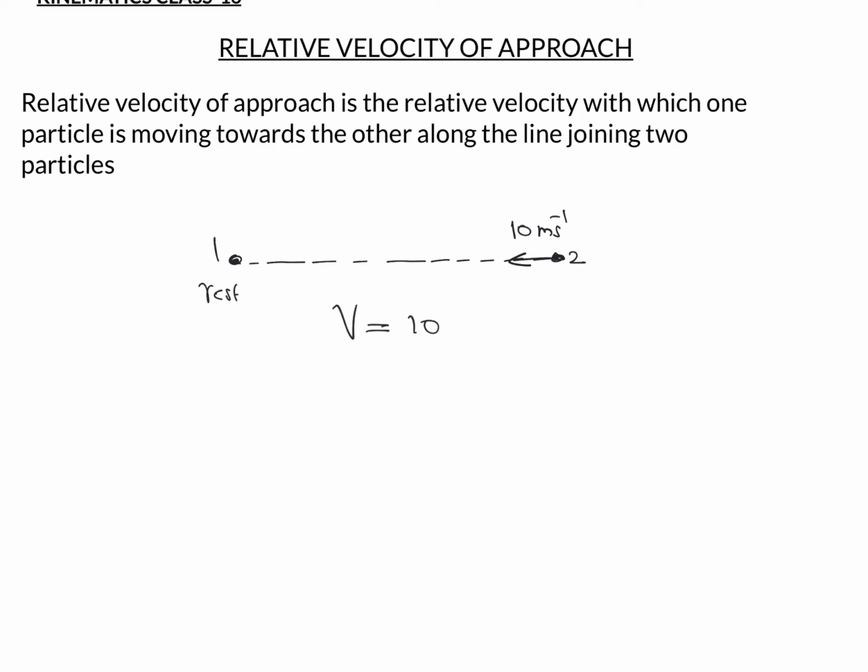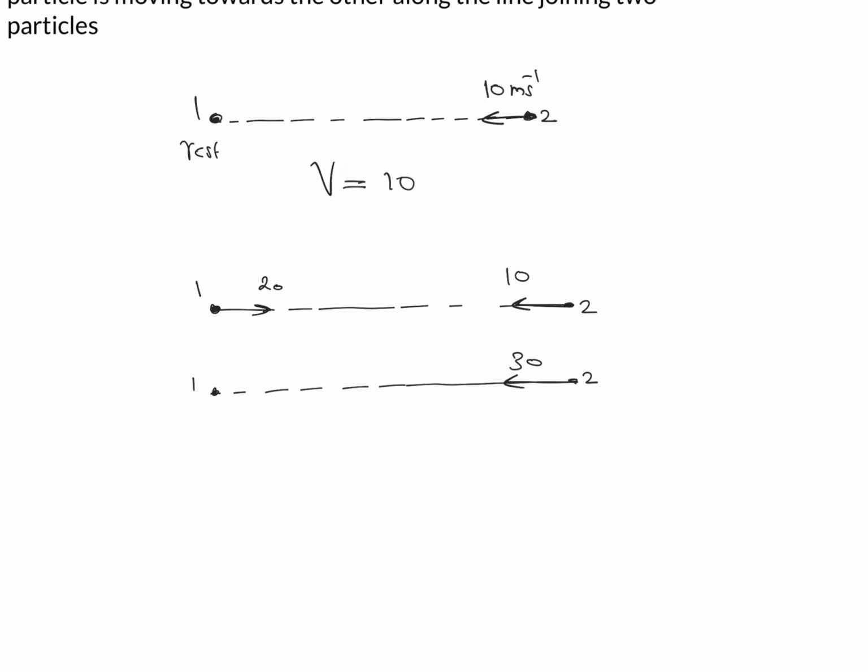Now consider another situation: the first particle is moving towards right with a velocity 20 and the second particle is moving towards left with a velocity 10. Over here, if we consider 1 at rest, then 2 is moving towards 1 with a velocity equal to 30. So in this situation the value of relative velocity of approach is nothing but 30.